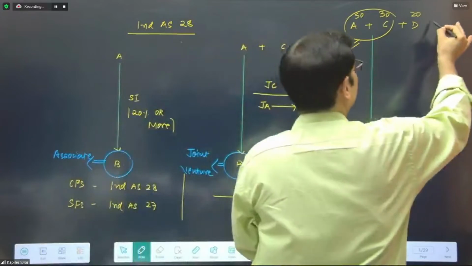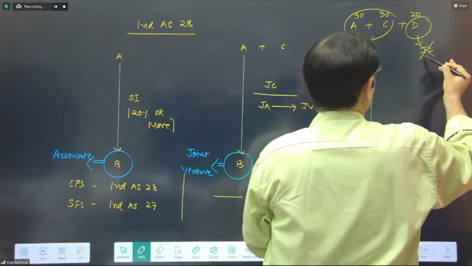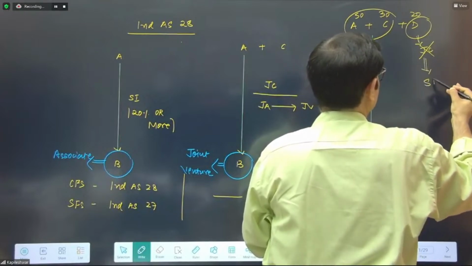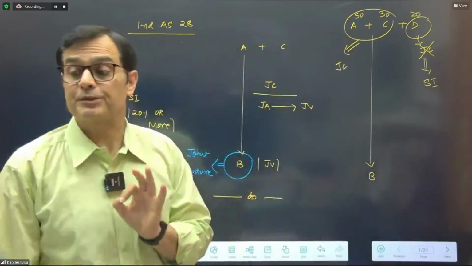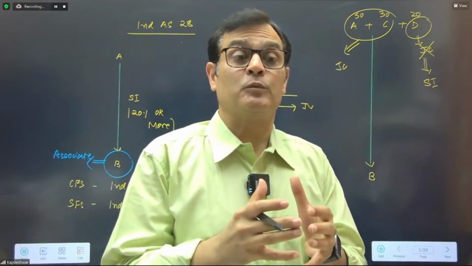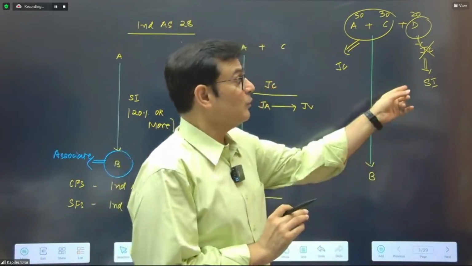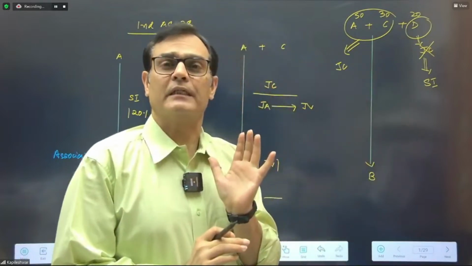So we said in this particular case, if he does not have a joint control, you could make an assessment of whether he has a significant influence. So there is one of the parties to the arrangement which does not have a joint control, and we need to assess whether he's got a significant influence.